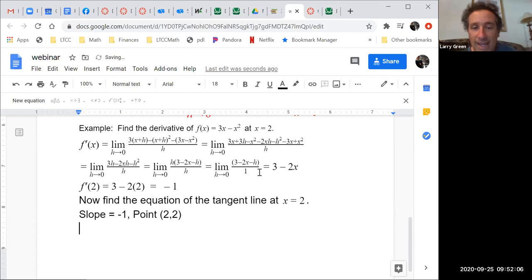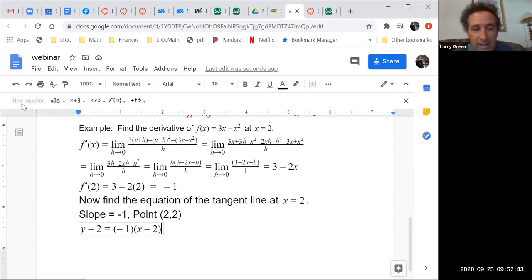Okay. And now, again, you are responsible for remembering your beginning algebra. The equation of a line is going to be y minus y1 equals m times (x minus x1). So I'm going to write y minus y1 is just 2, equals m is -1, times x minus x1, which coincidentally happens to be 2. It won't always be the same number.